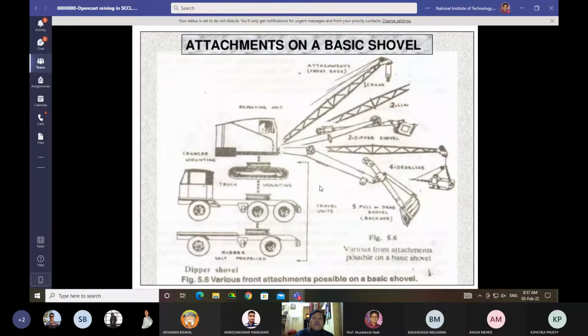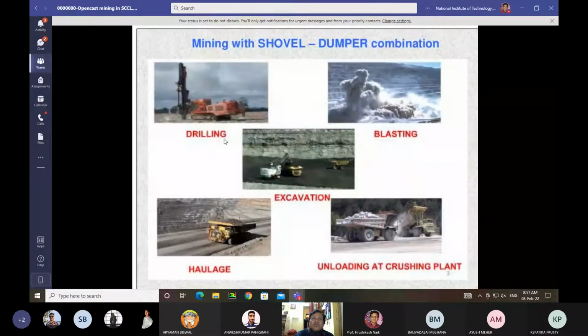We have also discussed the different unit operations carried out in open cast mines with shovel and dumper combination. Whenever you are going for shovel dumper mining technology, you have to drill the material. Drilling is to be carried out. After that, blasting is to be carried out. After that, the shovel will load the material to the dumpers. After loading, the dumper will carry the materials, which is called haulage, and this material will be unloaded at the crushing plant.